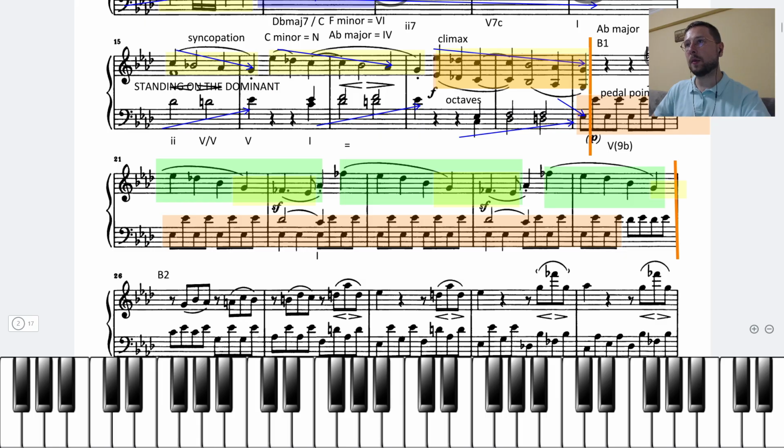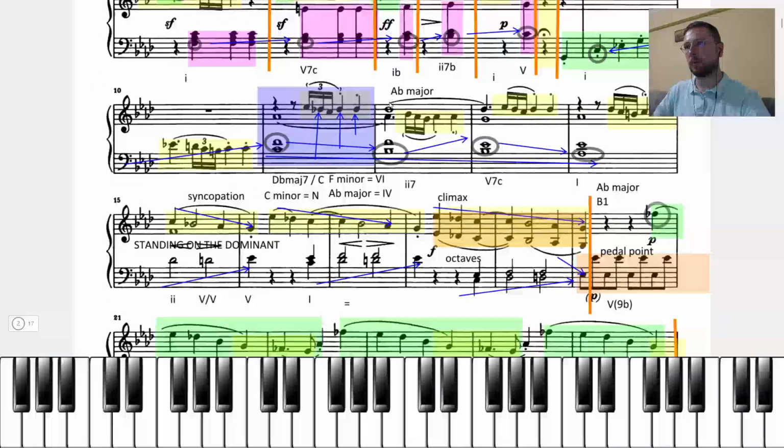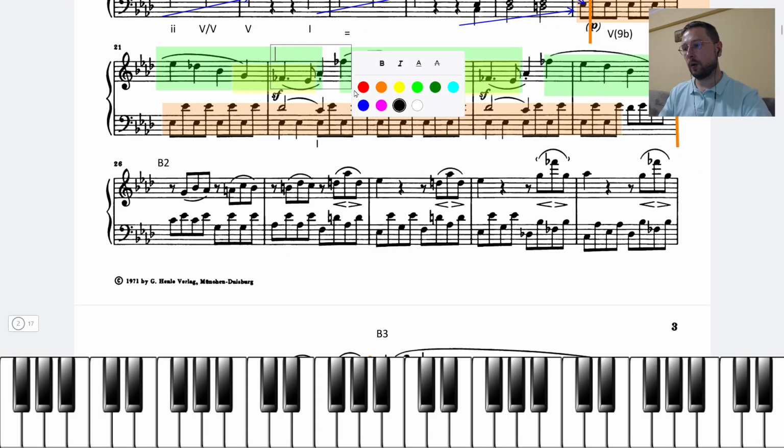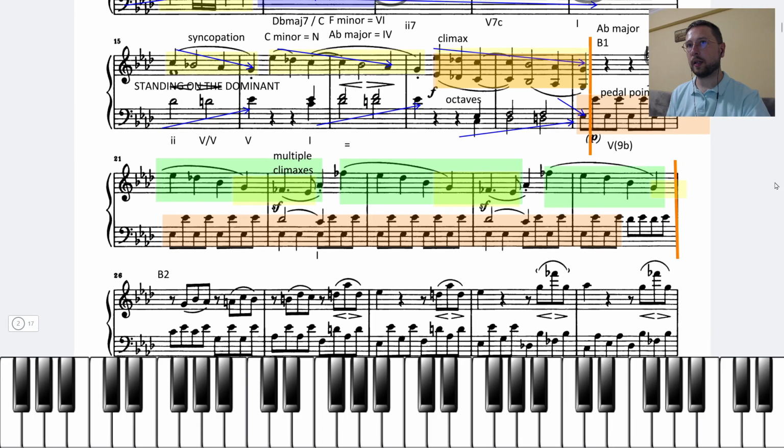Now, the climax as such, remember that here there was one main climactic point, that's fortissimo. Now we have multiple climaxes, so that could be actually another point that I've missed. Multiple climaxes each time on these different points. So basically that's what B1 has to offer us.